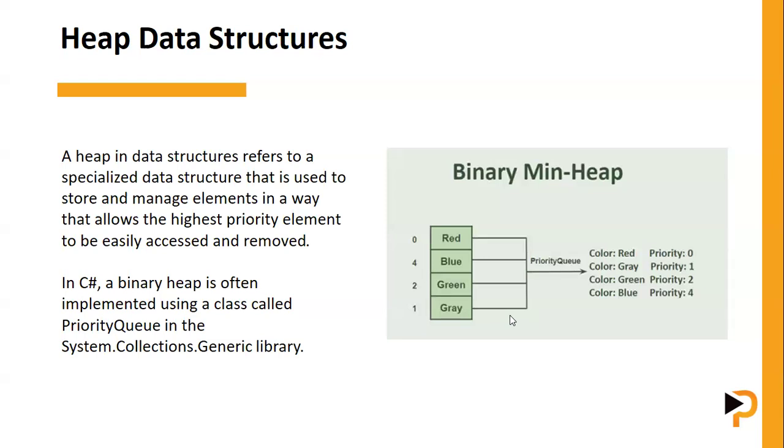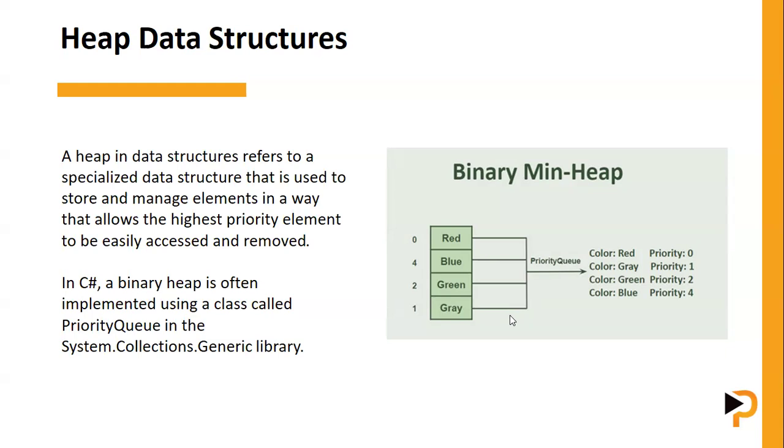So what exactly is a heap? A heap is a specialized data structure that is used to store and manage elements in such a way that allows the highest priority elements to be easily accessed and removed. In a heap data structure, there is always a priority associated with each value that has been added.